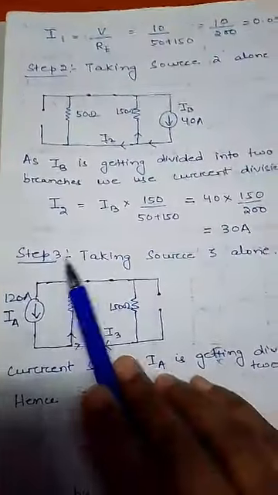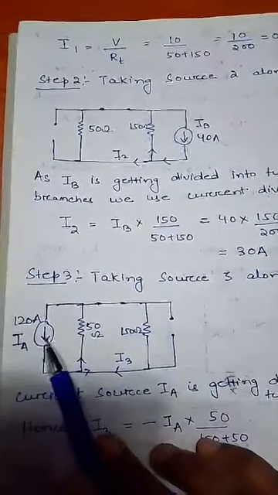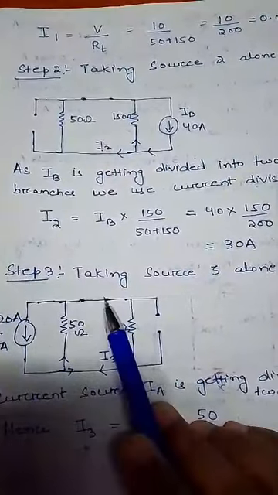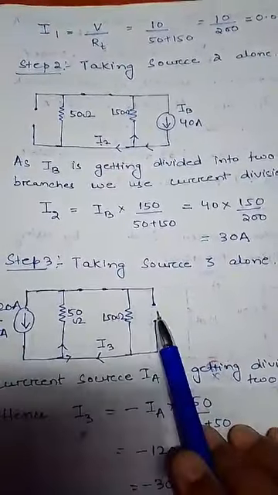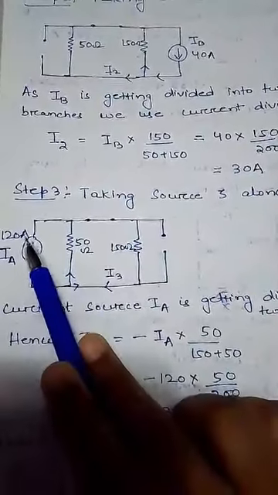Now step 3: we will take the third source alone, the 120 ampere source. We make the voltage source shorted and the other current source open circuited. We will find the current through this branch due to the third source.